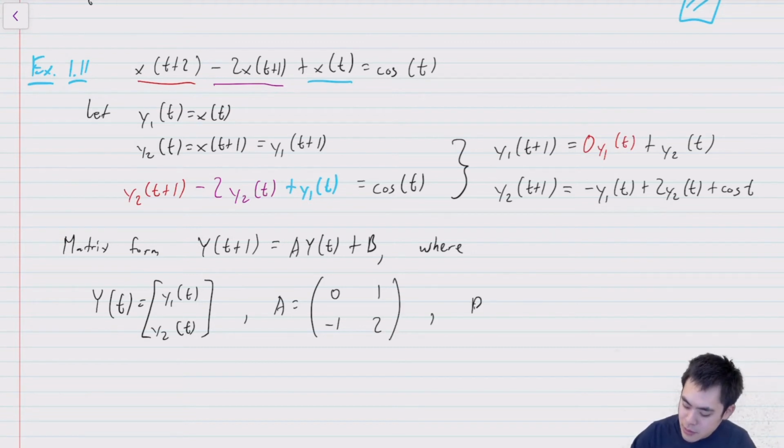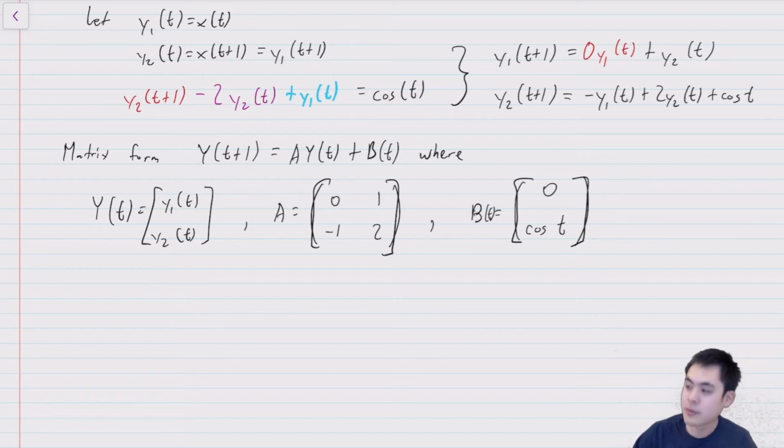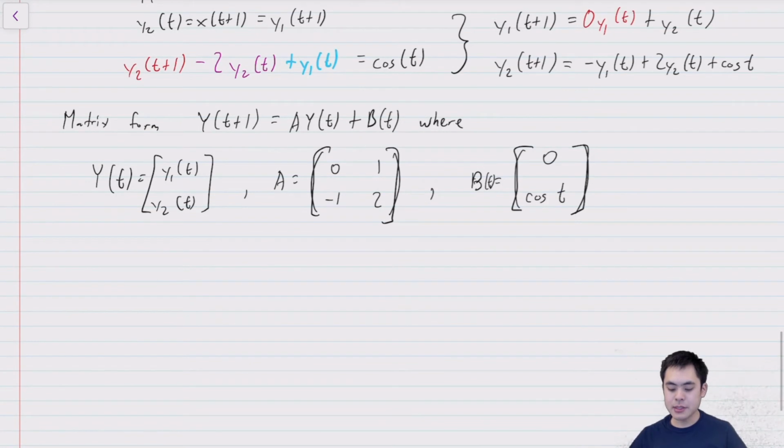And b, let's call this b of t, just to be consistent with my previous notation, is [0; cosine of t]. But once you've done that, this is now in a nice matrix form.